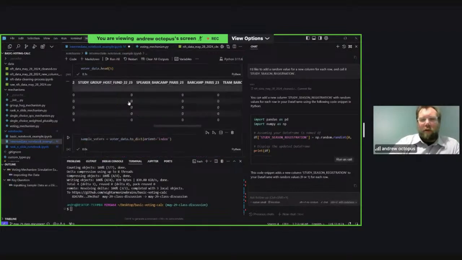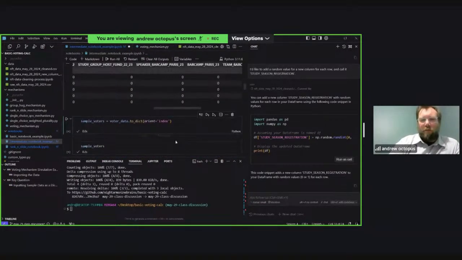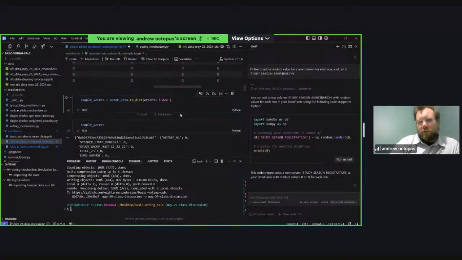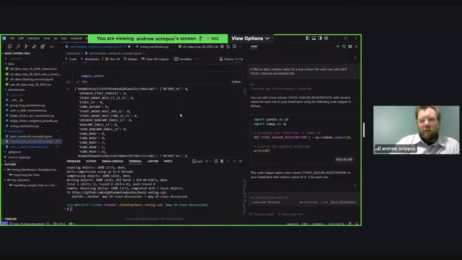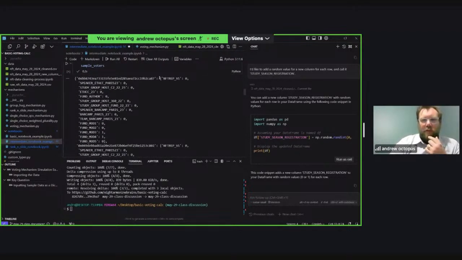But here I've converted this from a data frame to a dictionary, and you can see what this looks like now. So this is the first voter. They have this wallet, and they have this vote, they have this NFT information with a 0 for the NFTs they do not hold, and a 1 for the NFTs that they do.